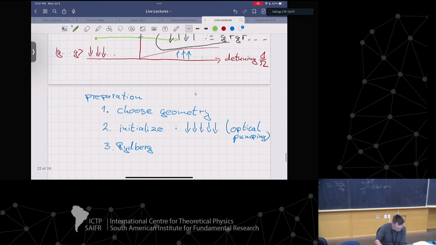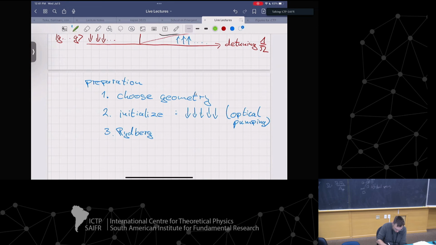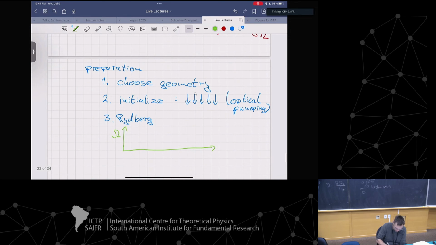What does that mean for our lasers? Well, for our lasers, it just means we do the following. The two knobs we have on the laser are our intensity, our Rabi frequency, and our detuning. For the detuning, maybe here's zero.